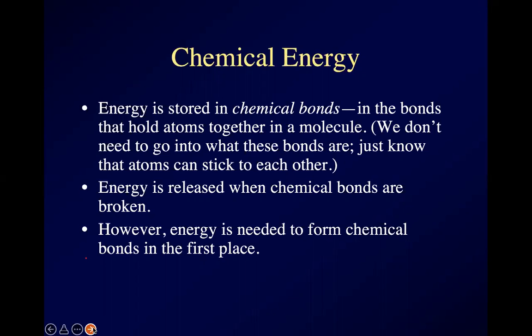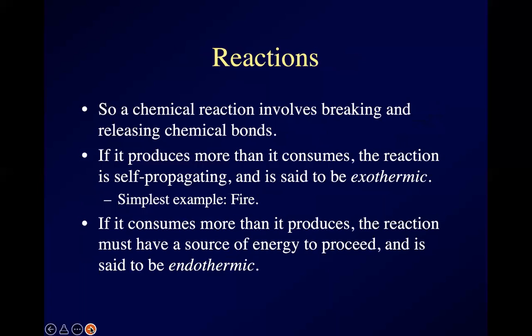And then when you burn a piece of paper, you're releasing that energy back into the world. So any kind of chemical reaction involves breaking and releasing and reforming chemical bonds. Bonds might break, bonds also reform.